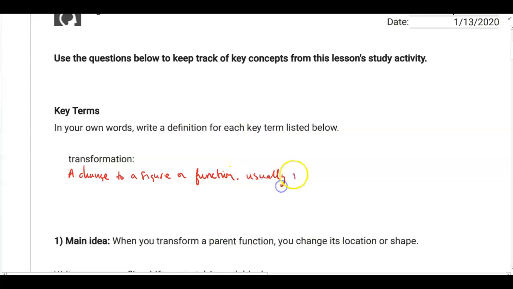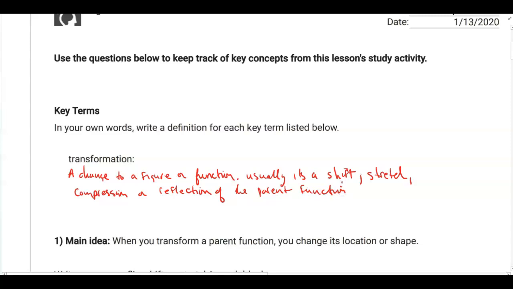Usually it's a shift, stretch, compression, or a reflection of the parent function.